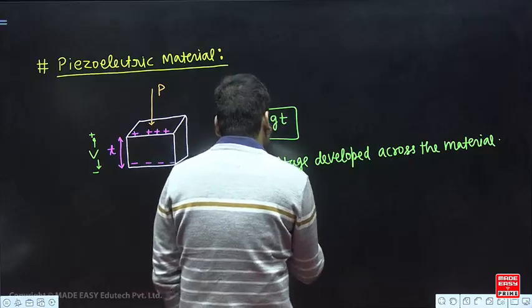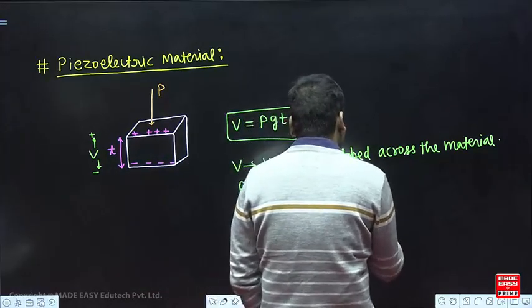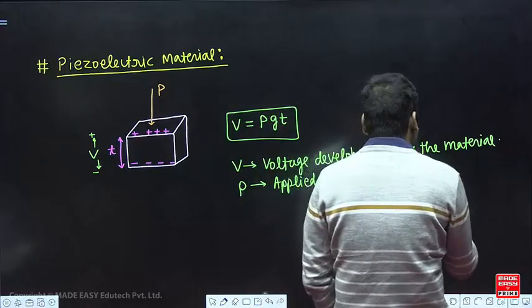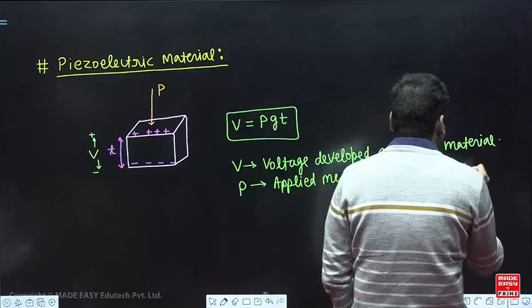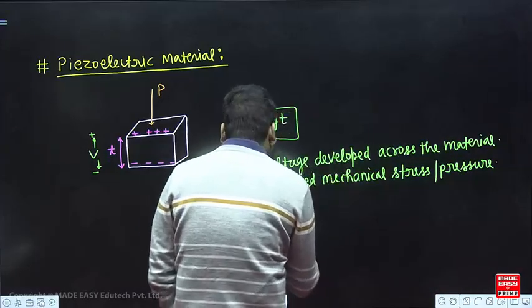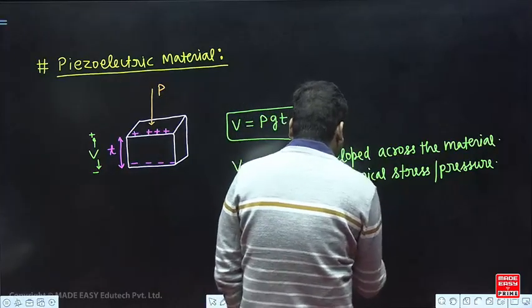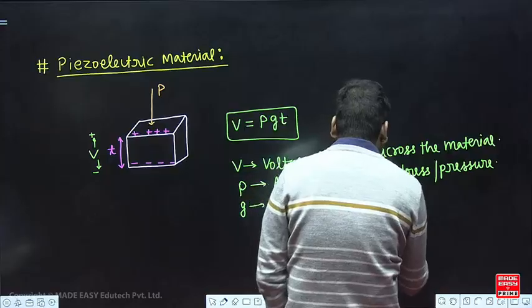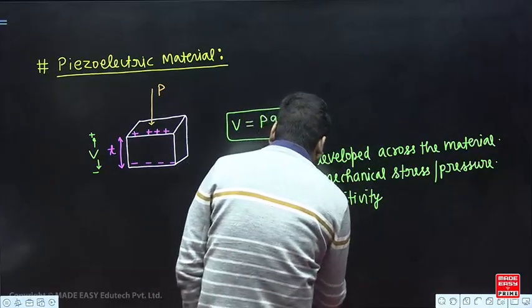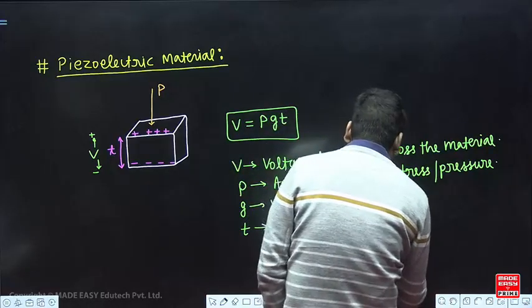P is applied mechanical stress or pressure. g is voltage sensitivity, and t is thickness of material.